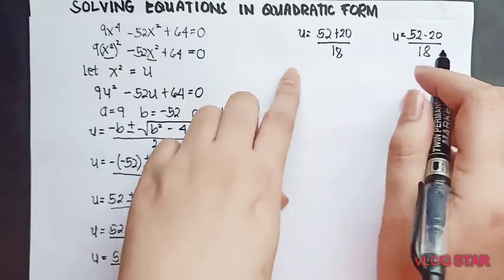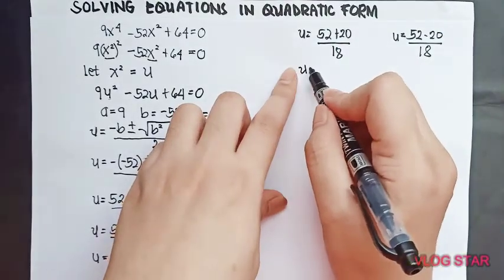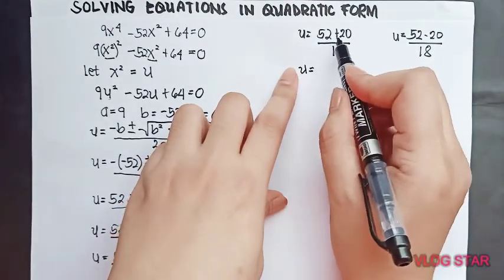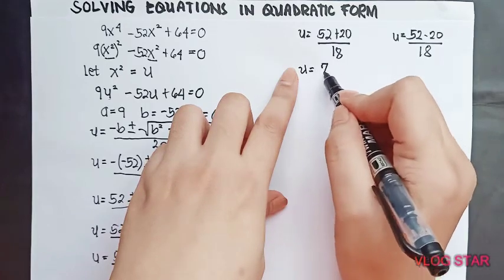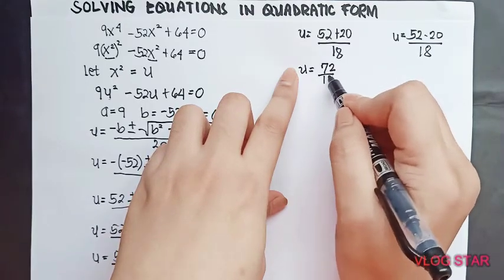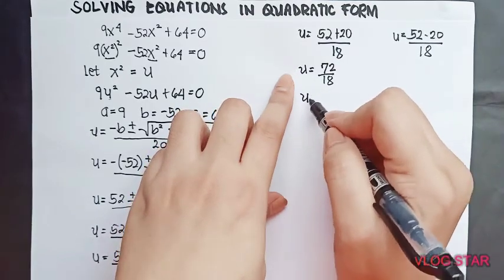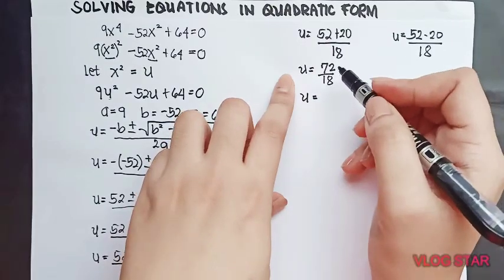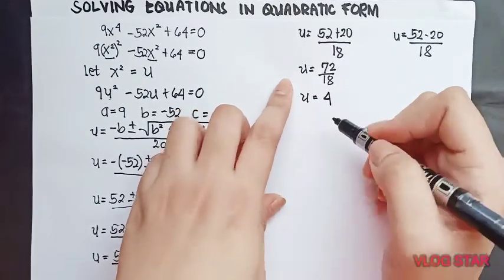Let's try to solve this first. So we have u equals 52 plus 20, that's 72 over 18. And 72 divided by 18 is 4.